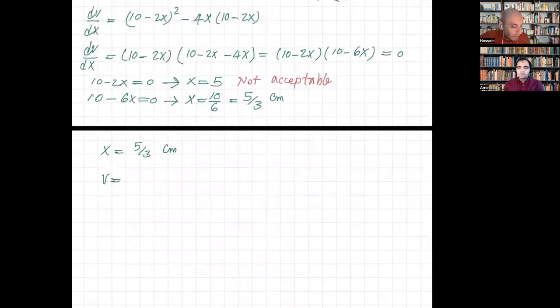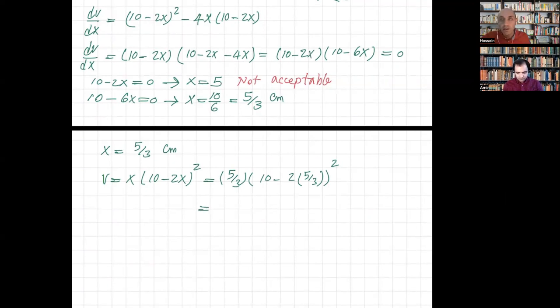I'm going to write it down again here: 5/3 times (10 minus 2 times 5/3) squared. Let me calculate this.